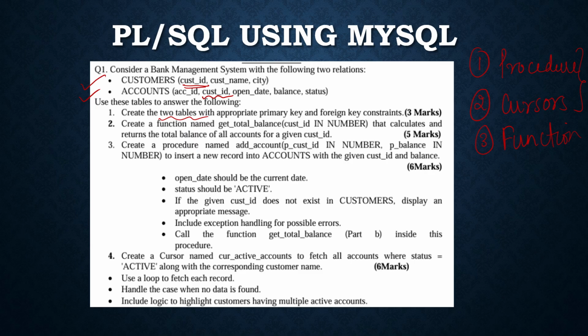Create a function named getTotalBalance. So let's start with solving this question, and along with solving the question, I will also be explaining the syntax. And we'll be doing part wise 1, 2, 3, 4.